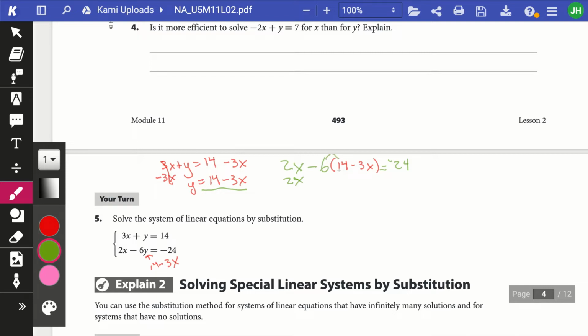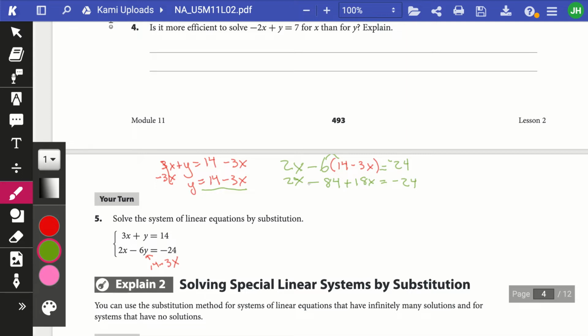So 2x minus 6 times 14, that's a negative times a positive, so it's going to be negative. 6 times 14: 6 times 10 is 60, 6 times 4 is 24, 60 plus 24 is 84. Minus 6 times negative 3x, a negative times a negative is a positive, 6 times 3 is 18x, equals negative 24.